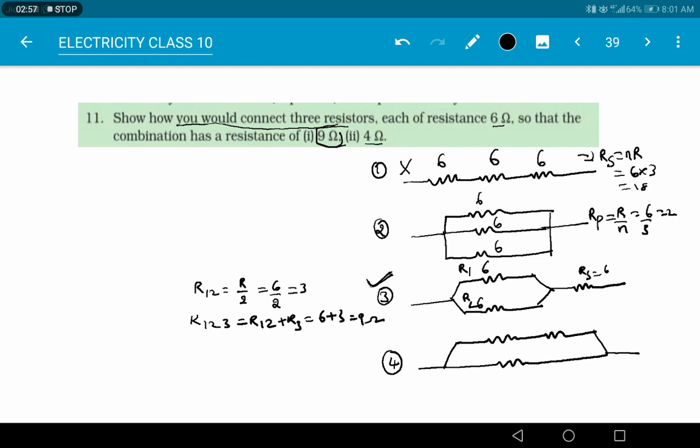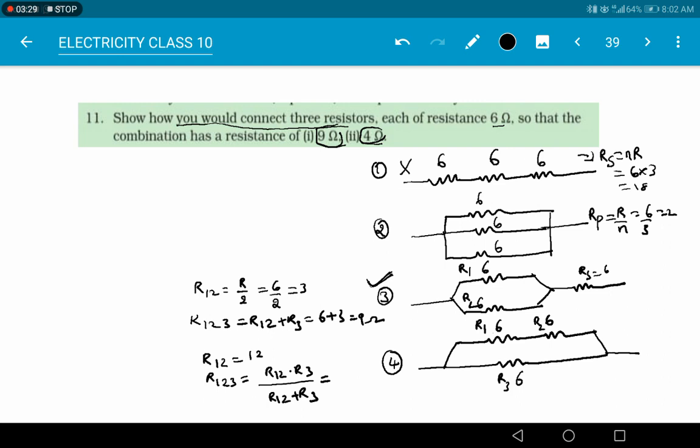Now let us see one more. So 6, 6 and 6. R1, R2 in series, and the effective of R1, R2 is in parallel combination with R3. So R12 we can write as 12. R123 we can write as R12 into R3 by R12 plus R3.